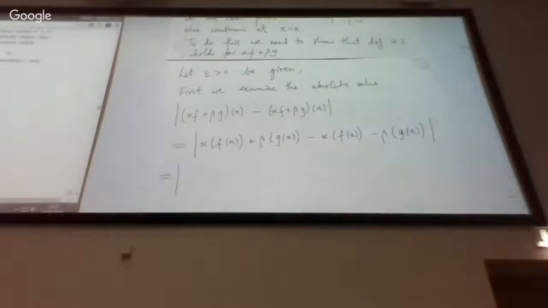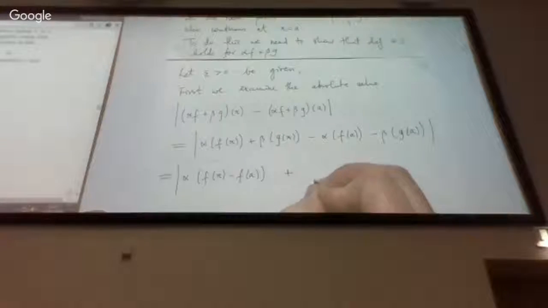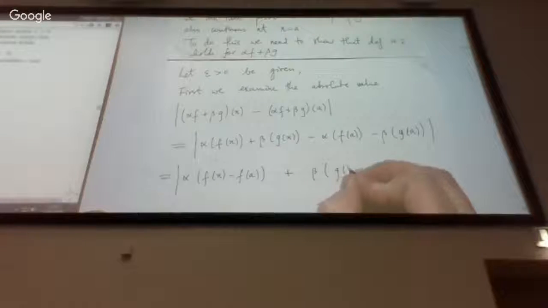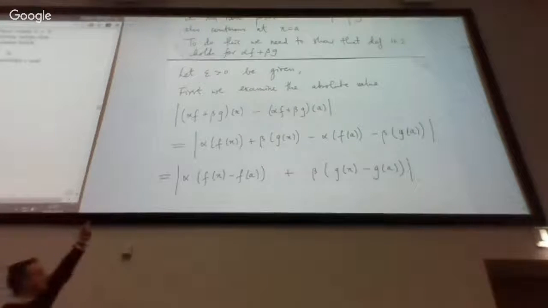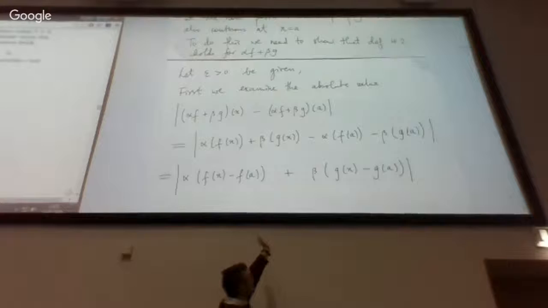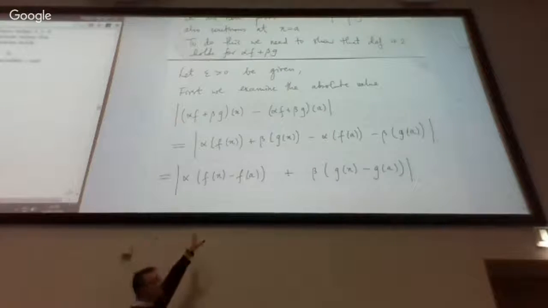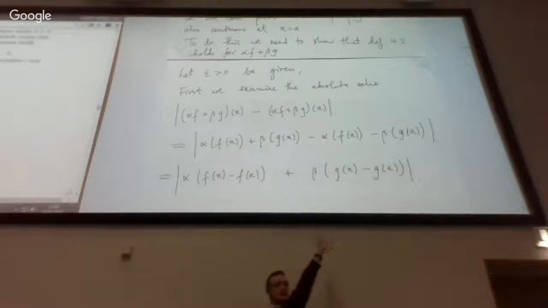And then I can gather all the f's together, factorize out the alpha, and separately gather all the betas together. So I can now write this as alpha times f of x minus f of a, plus beta times g of x minus g of a. Now this is good because I'm taking my original absolute value and now I'm starting to see how it's made up of something depending solely on f and something else depending solely on g.